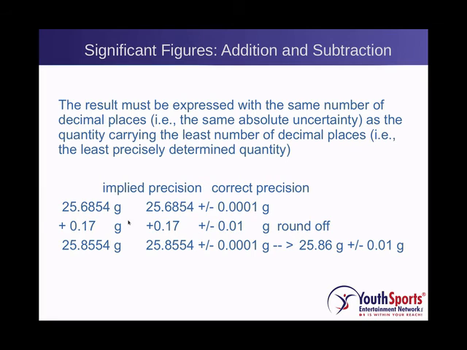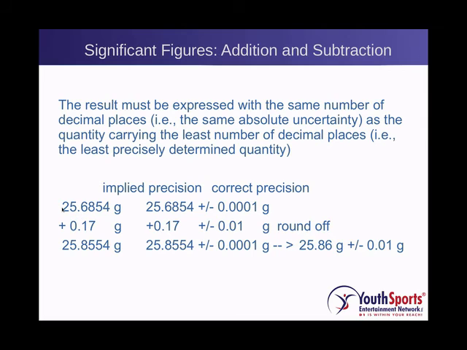So this number is not very precise. It doesn't really matter how precise the other one was, because you've got a huge error range here, and you're not sure of any of the digits after the 7. Even the 7 you're not sure of; it could be 8 or 1.